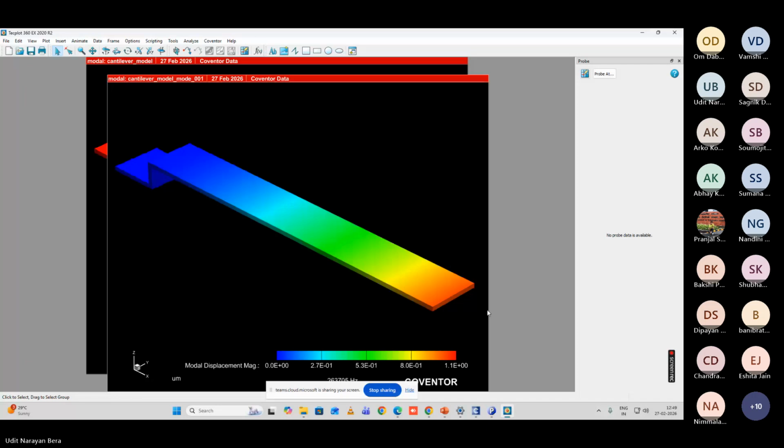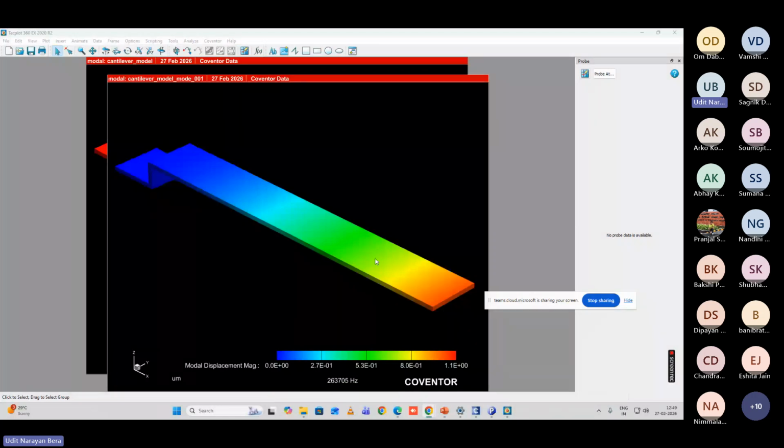Yes. From here, you may see that it is giving you 263 kilohertz, almost, the modal frequency. By the way, let me tell you the dimension of this cantilever is 40 micrometer by 6 micrometer by 1 micrometer. So that is the reason for the value. So this is the modal frequency.